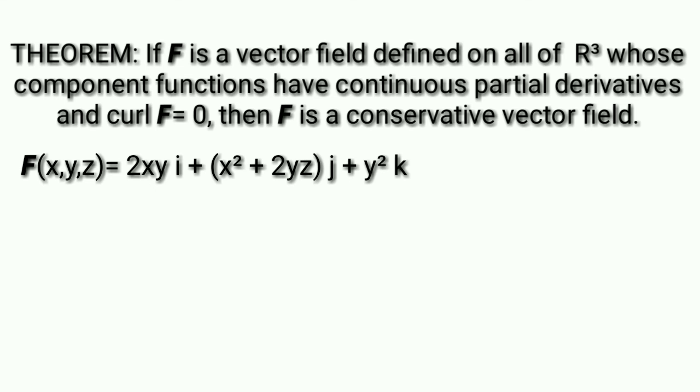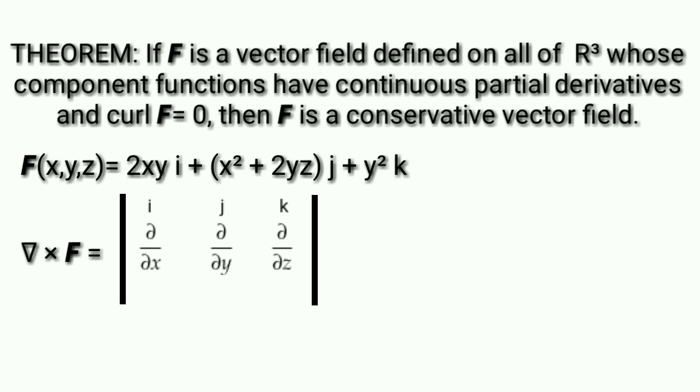Okay, so we're going to take del and cross it with our vector field. So we've got our components i, j, and k. So we're going to take the partial with respect to x, the partial with respect to y, the partial with respect to z, and the components are 2xy, x squared plus 2yz, and y squared.